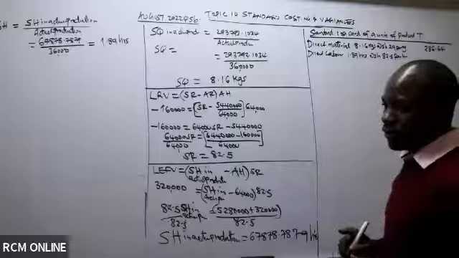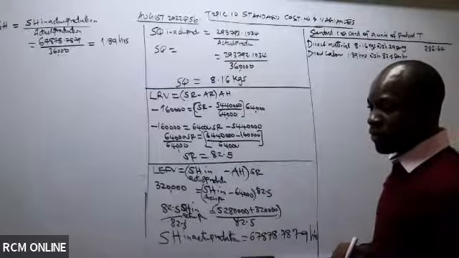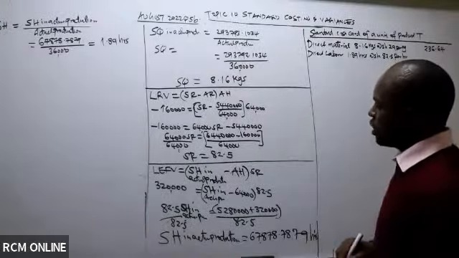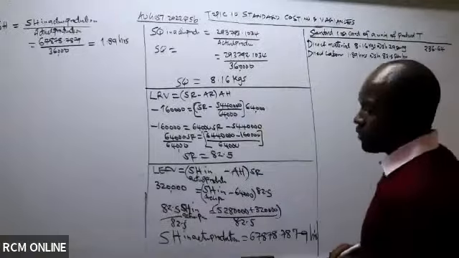How much will you have? 1.89 times 82.5.